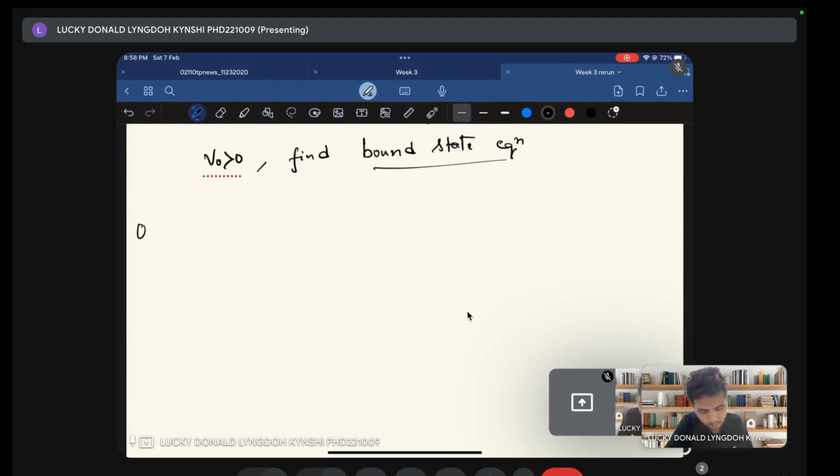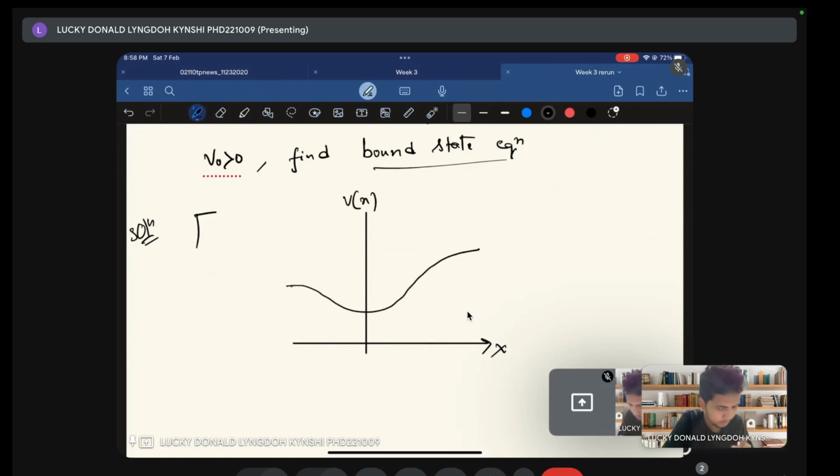Solution. Before I solve the problem, let me give you an idea of it. Let us consider this one: this is x and this is the potential V of x. Let me draw something like this, and let's say this is the potential.